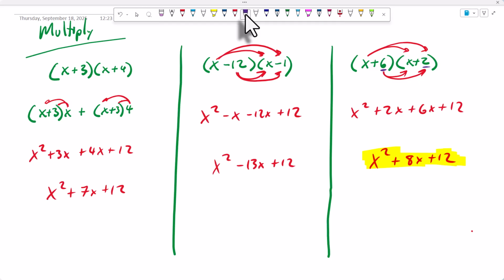Somebody from this side of the room, tell me how do we figure out it's going to be 2 and 6?